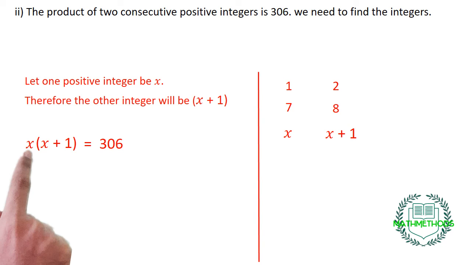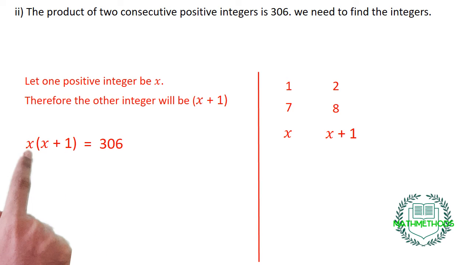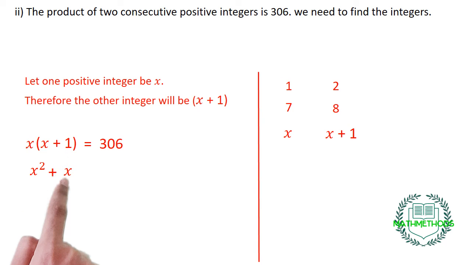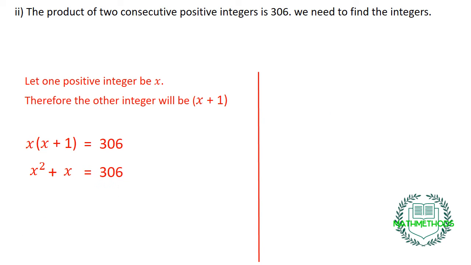Now this x will get multiplied by each term inside the bracket. x into x, we get x squared, plus x into 1, we get x, equals 306. Now the final step is to write the equation in standard form. The standard form of this equation will be x squared plus x minus 306 equals 0. This is the required quadratic equation.